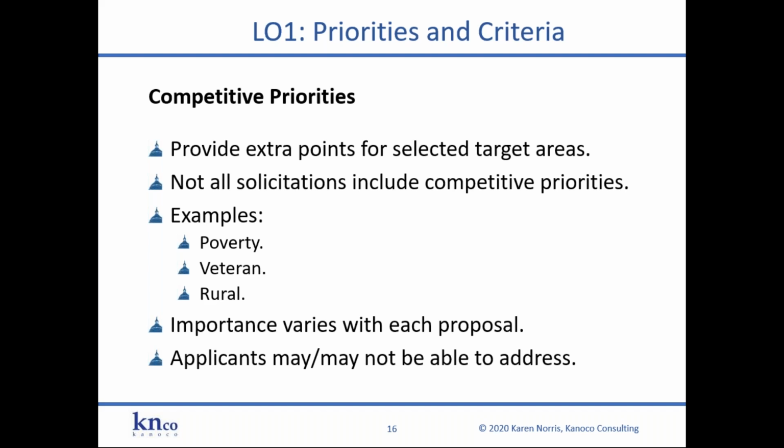So the importance of these priorities varies with each proposal, and you may or may not be able to address them. And if you can't address a competitive priority, that's okay. You can still apply as long as you're addressing the absolute priorities.